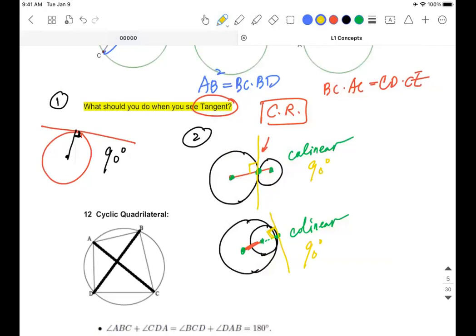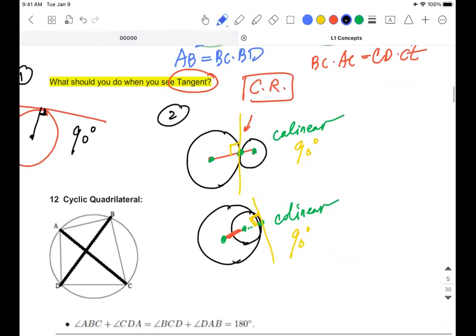The common tangent line for these two circles will be definitely perpendicular to the extension of the connection of these two circle centers, right? These are two very important properties. And there's another one which is even more important.